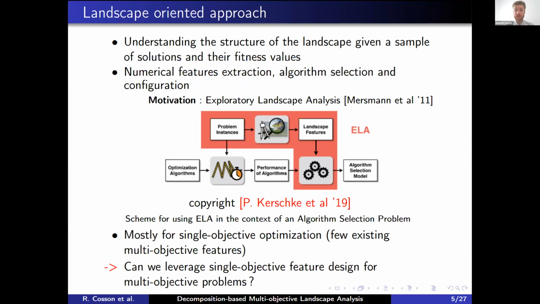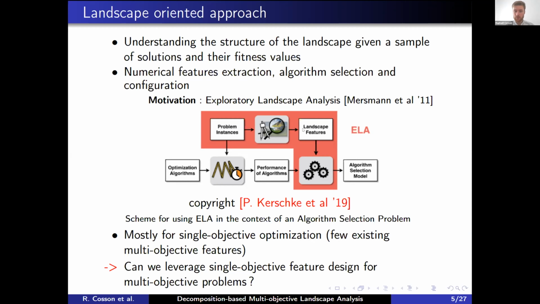Using those features, we can perform an algorithm selection task or an algorithm configuration task. This idea was first introduced by Mersmann in exploratory landscape analysis, and later used for algorithm selection. As you can see in this figure, to perform an algorithm selection task, we first need a set of algorithms and a set of problem instances. We need to know the performances of the algorithms over the problem instances.